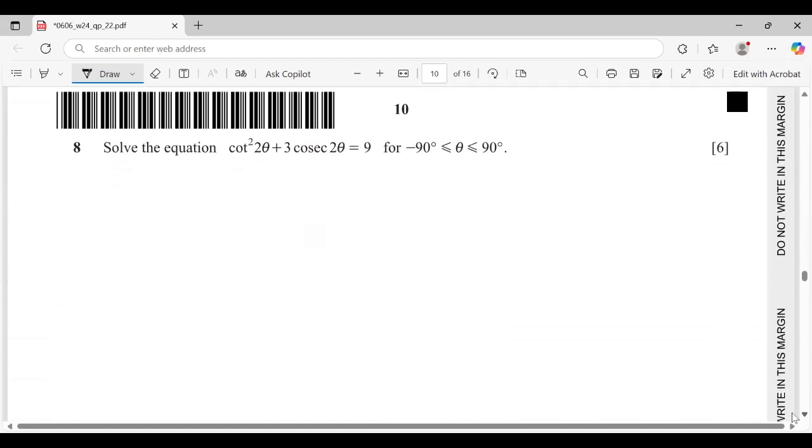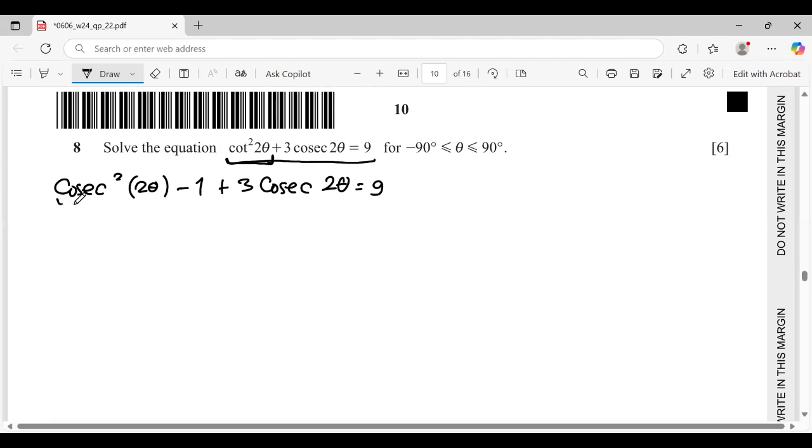Next question, number 8. Solve the equation cotangent squared 2 theta plus 3 cosecant 2 theta equal 9 with theta in the interval minus 90 to 90. These equations I would like to write as cosecant squared 2 theta minus 1 plus 3 cosecant 2 theta equal 9, because cotangent squared 2 theta equals cosecant squared 2 theta minus 1.